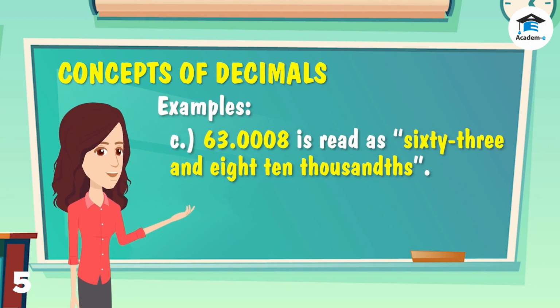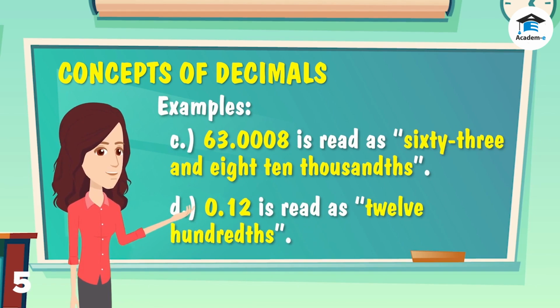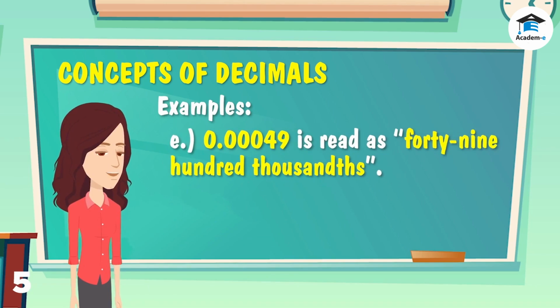C. 63.0008 is read as 63 and 8 ten-thousandths. D. 0.12 is read as 12 hundredths. E. 0.00049 is read as 49 hundred-thousandths.